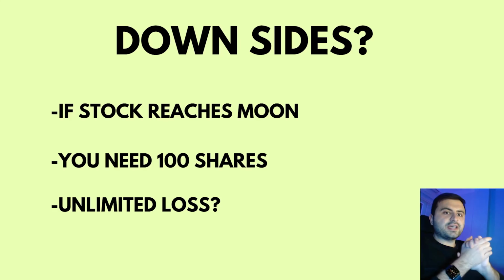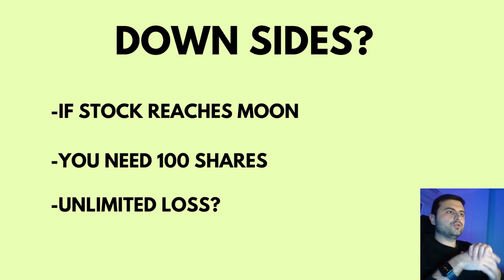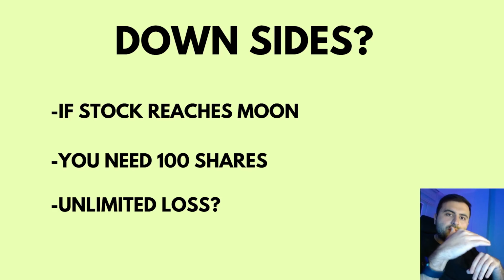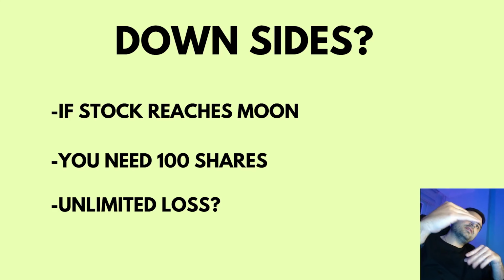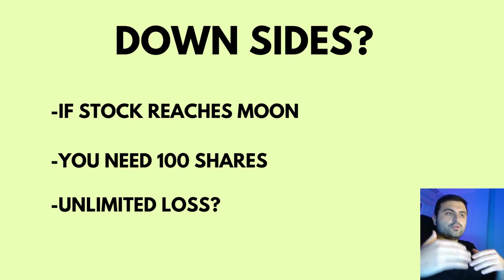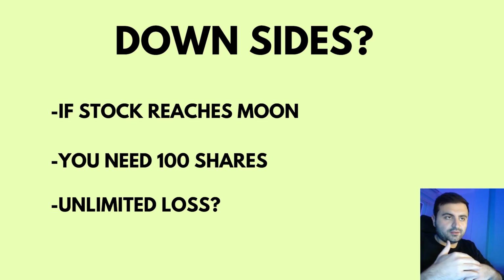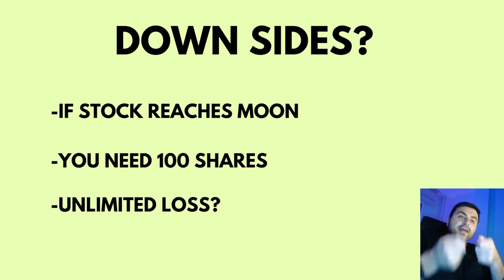What are the downsides of selling a call option? The first thing is, if the stock goes to the moon, like GME or AMC, let's say you bought it at $100 and you sell a call option at a strike price of $110. If the stock rises to $150 by your expiration date, because you sold a call option at $110, you are obligated to sell your shares at that price.